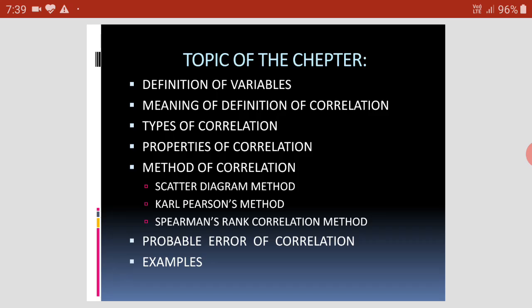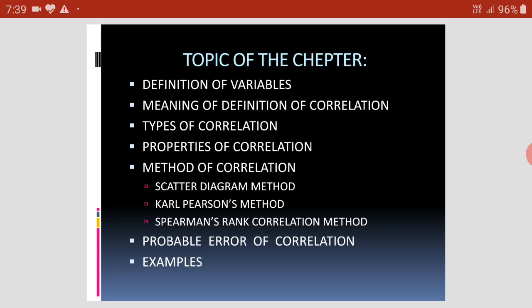It means we cannot say in a particular way whether Y increases, decreases or stays the same. So it is called independent correlation. Another example: India's population is increasing and America's car production is increasing. They are not related, so it is called independent correlation.